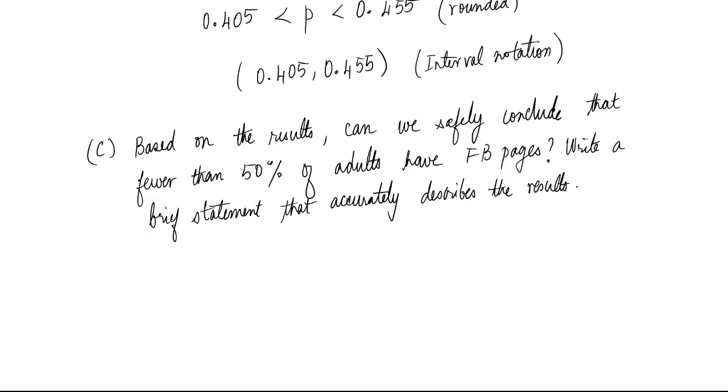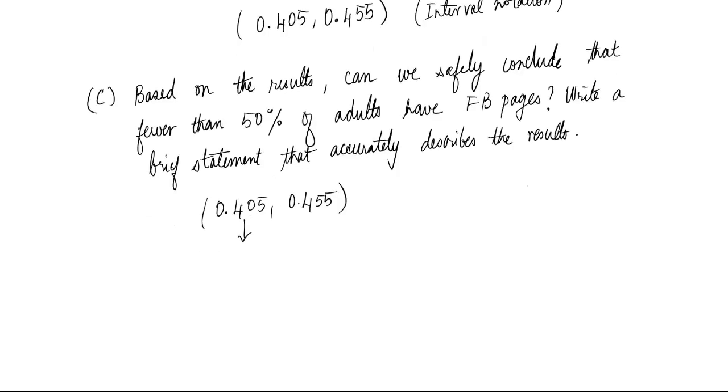So this interval, if you change it to percentage, right? We're reasoning out here. I'm not writing any statement here yet. 0.405 to 0.455. If you were to round this to percentages, you can say that this was 40.5% and this was 45.5%.